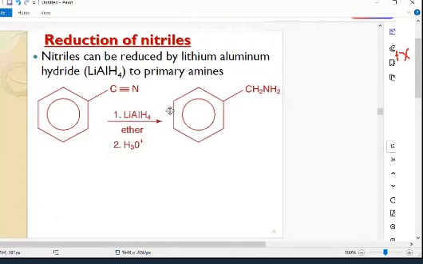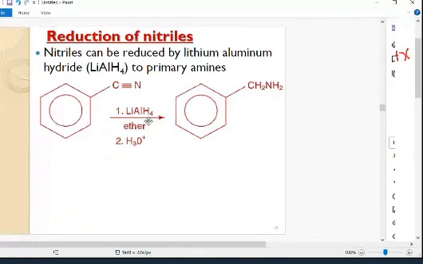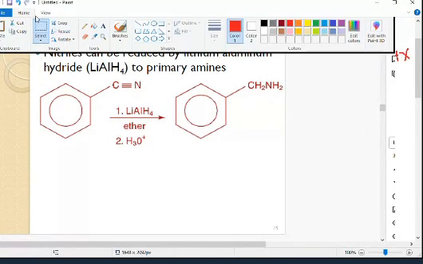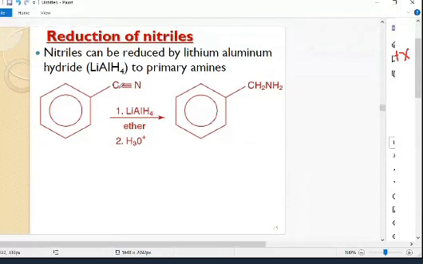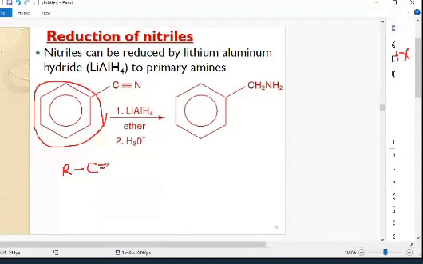That is one of my favorites because it's very easy to understand. When you're talking about reduction of nitriles, allow me to use the whole of this as just R. So basically, you're talking about the group there.